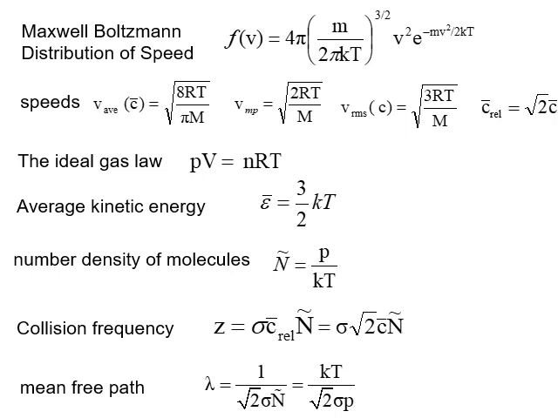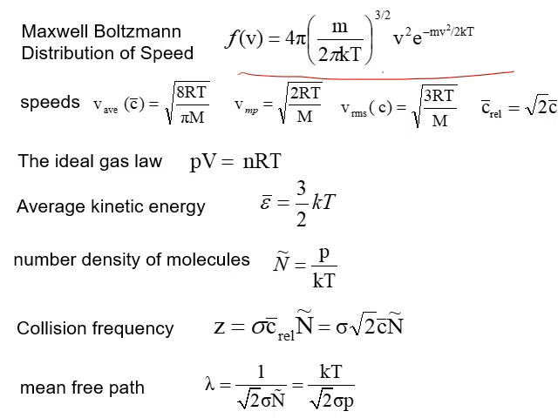So here is a summary of the equations we learned in this section. First we introduced the Maxwell-Boltzmann distribution, which tells you the fraction of molecules at a certain speed. When you have a collection of molecules, the molecules will have different speeds, some faster, some slower.